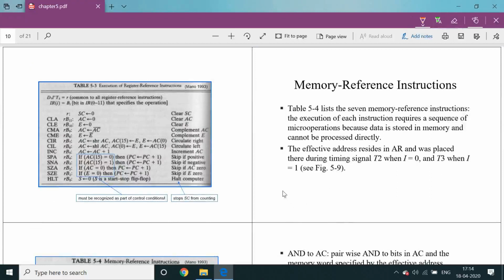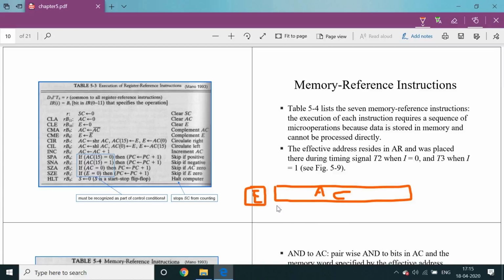Circulate right applies to the AC register and the E bit.